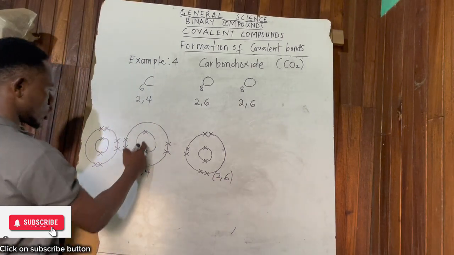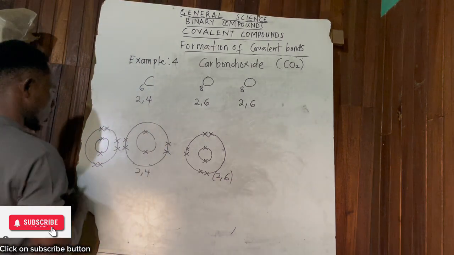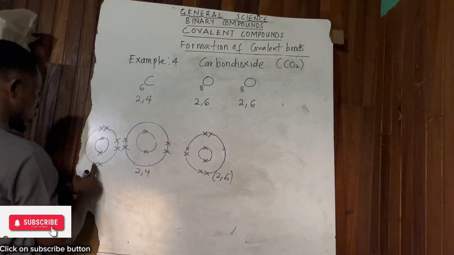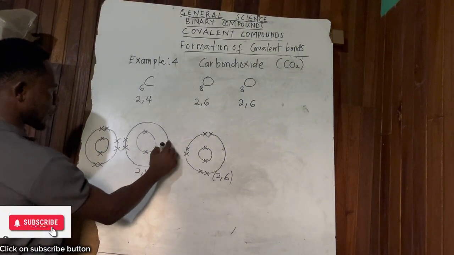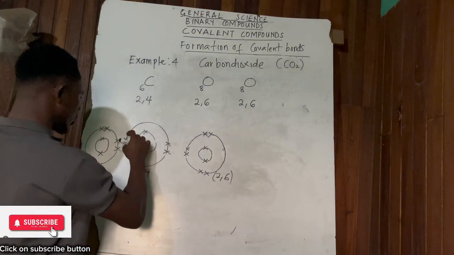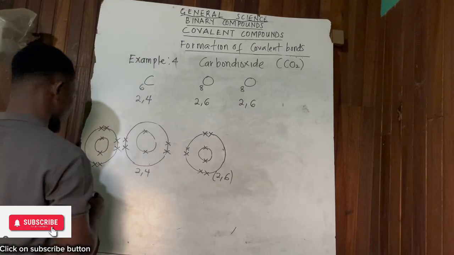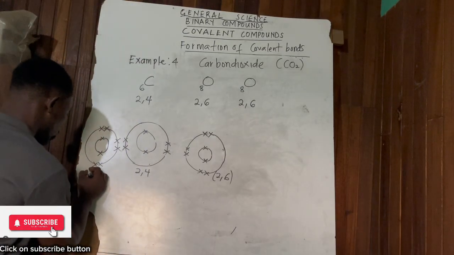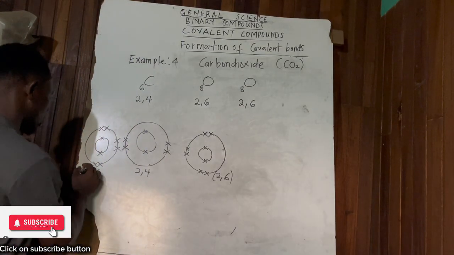This is 2 and 1, 2, 3, 4. So it means it is sharing the 4. It will give 2 to this. It also gives 2 to this. So this is also 2 and 6 like this.